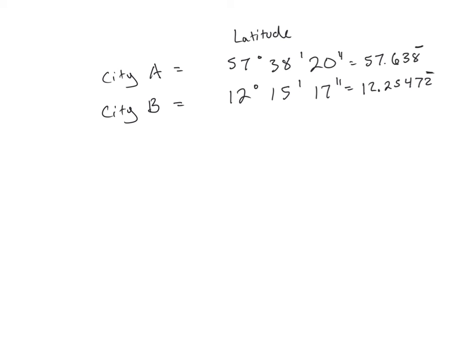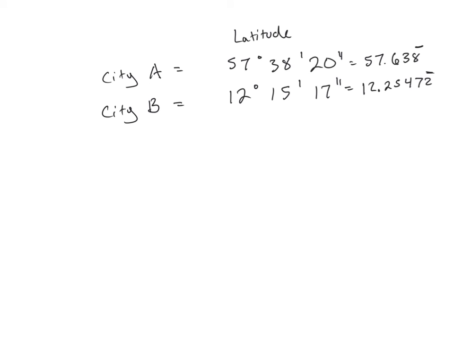So now I want to know the difference, right? The actual angle. To find the actual angle, I just need to find the difference between 57.88 repeating degrees, and 12 point something degrees.